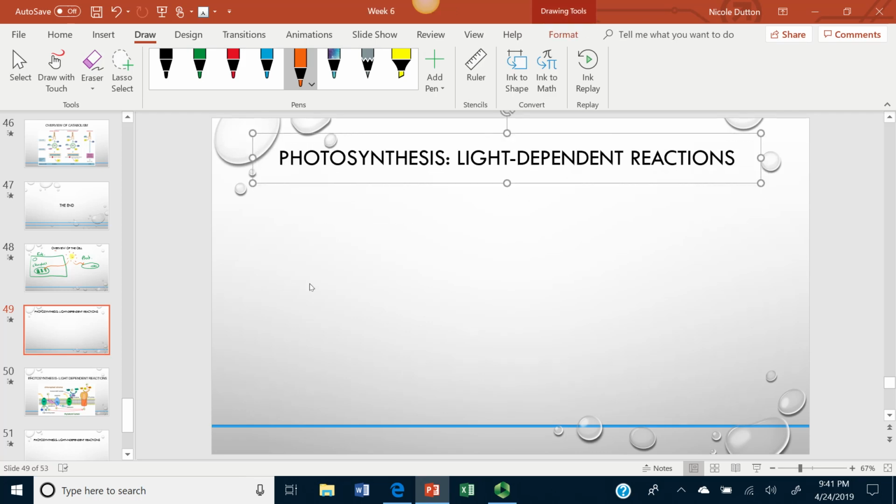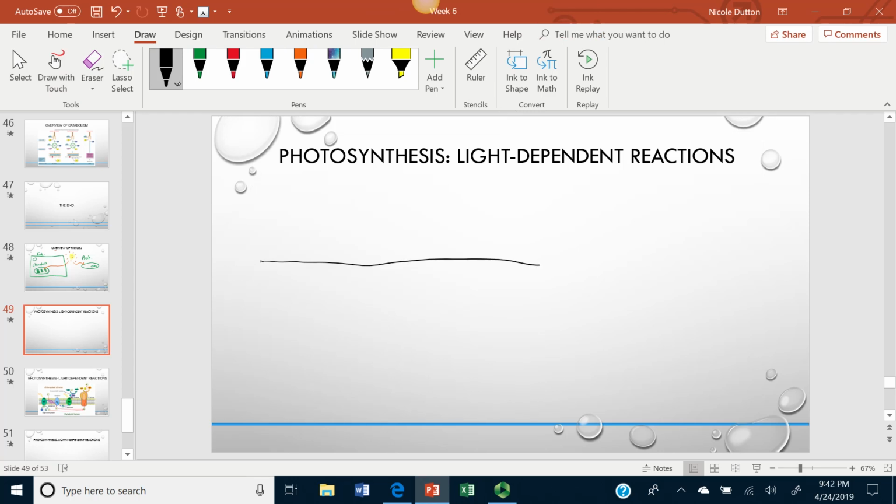So on the surface of the thylakoid membrane, it's actually similar to an electron transport chain. So we have this surface here. We've got our sunlight up here in the corner, and the rays of light are shining down on the membrane. And we have these different regions.